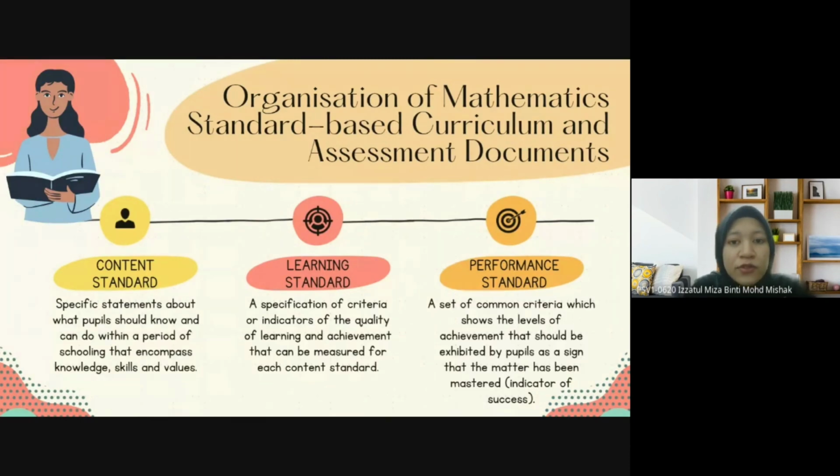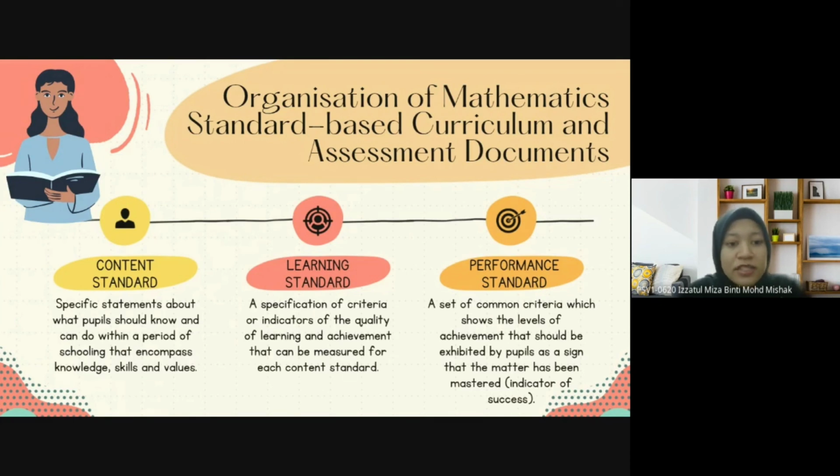We will go to the Organization of Mathematics Standard-Based Curriculum and Assessment Document. We just now discussed this standard-based curriculum. There are 3 standards: content standard, learning standard, and the last one, performance standard or overall performance report.